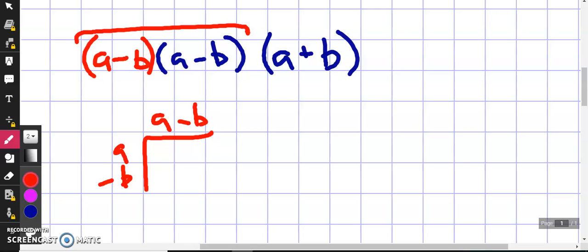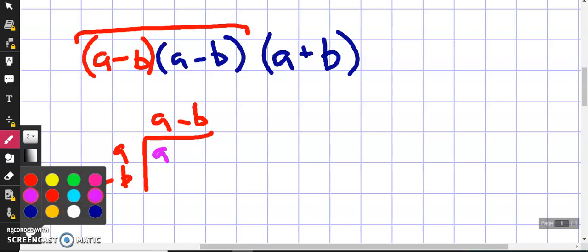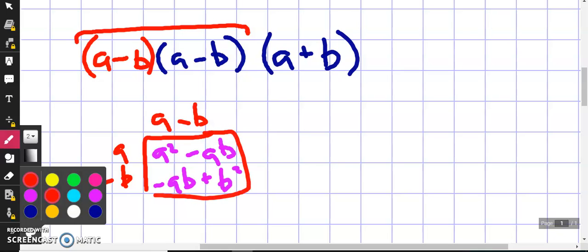So once again, we'll distribute. We'll get a squared minus ab minus ab again and then plus b squared. So when I combine this set, I get a squared minus 2ab plus b squared.